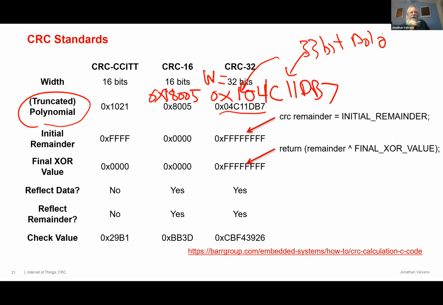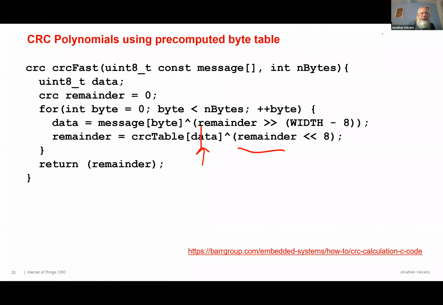There's a couple of adjustments that they do in order to deal with some special cases. Rather than starting with an initial remainder of 0, you could start with something else.